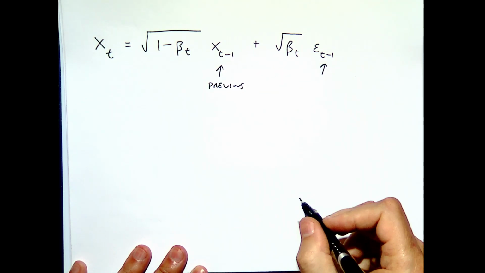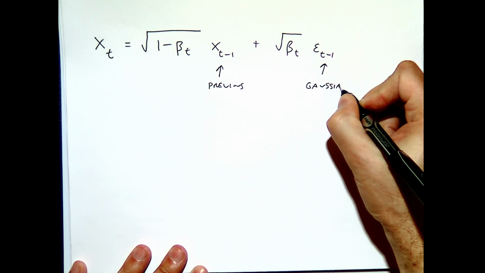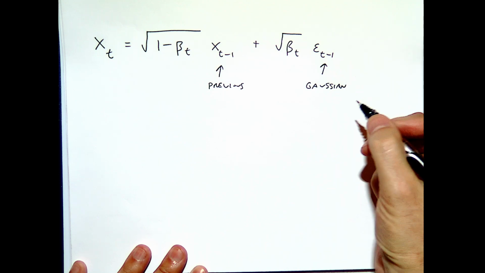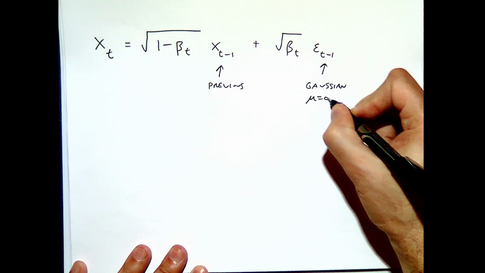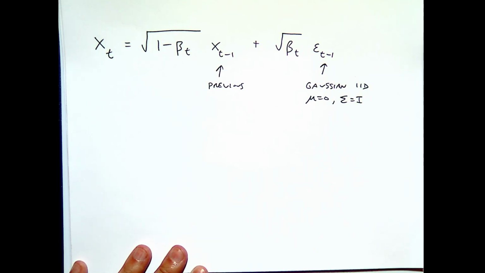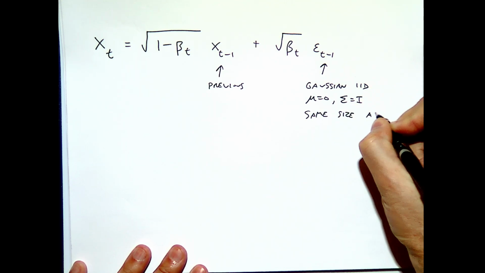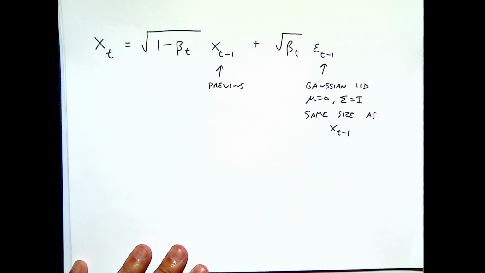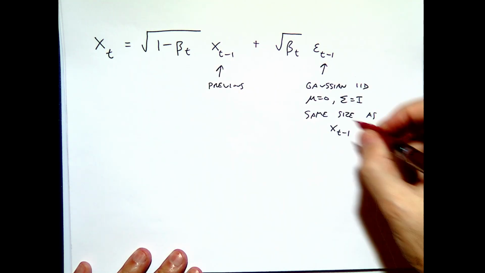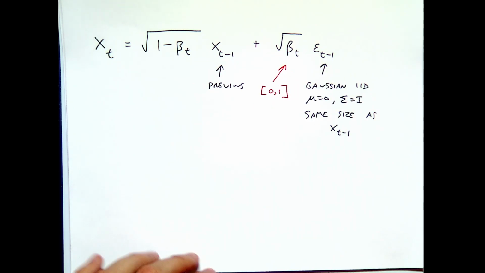And this epsilon t minus 1 is basically Gaussian, so this is a Gaussian random variable, okay? Same size as x of t minus 1. And this beta is a fraction, right? So this beta here is some number between 0 and 1, okay?